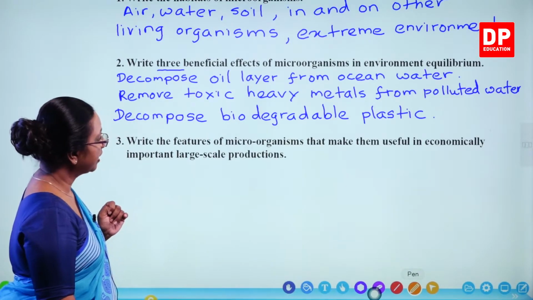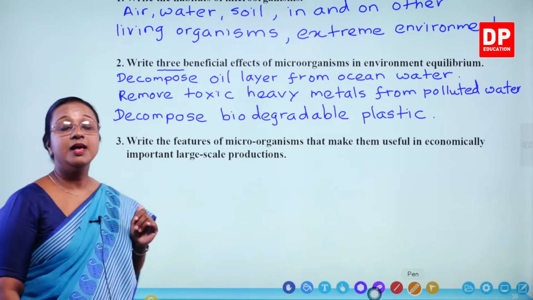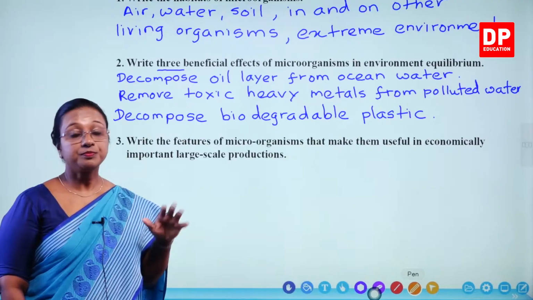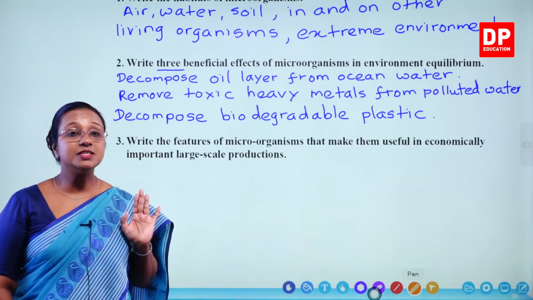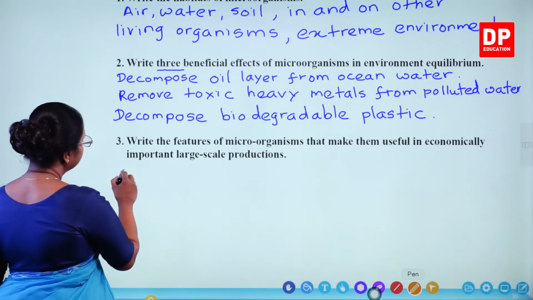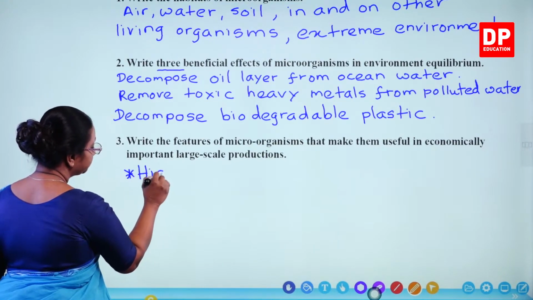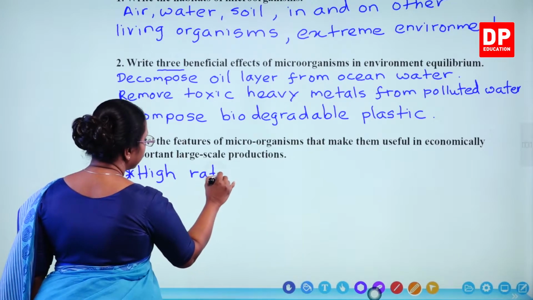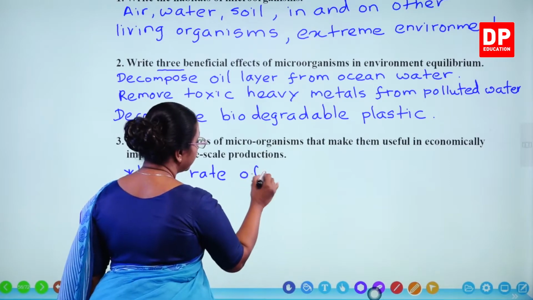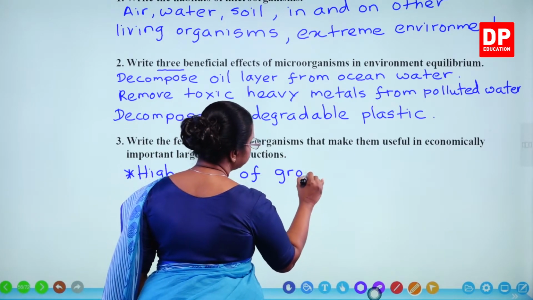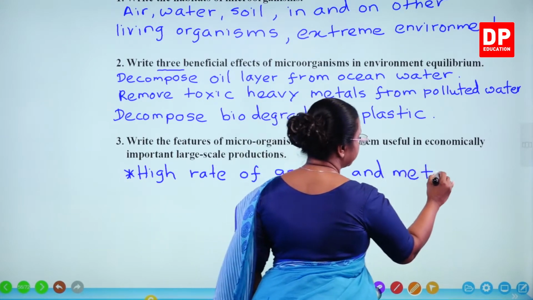Write the features of microorganisms that make them useful in economically important large-scale production. Now we have discussed many features. Can you recall all those features? Yes. What is the first one? I can remember. They have high rate, or you can even say rapid rate of growth and metabolism.